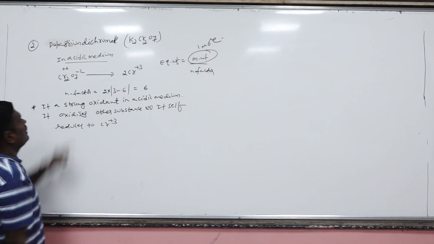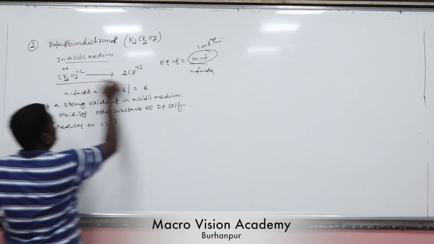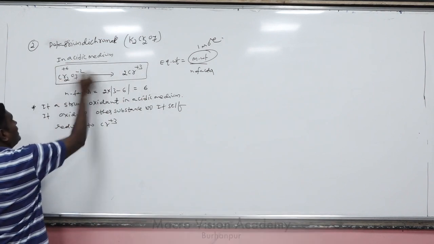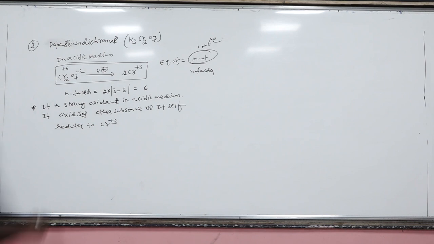This is very important. Chromium +6 will reduce to what? Chromium +3. This is the key reaction of potassium dichromate in acidic condition. In which condition? Acidic condition.